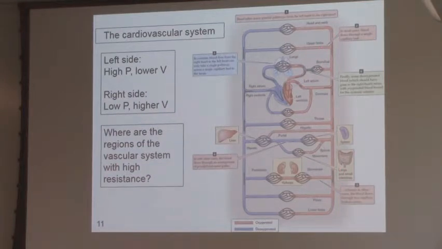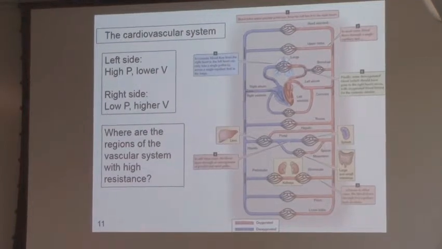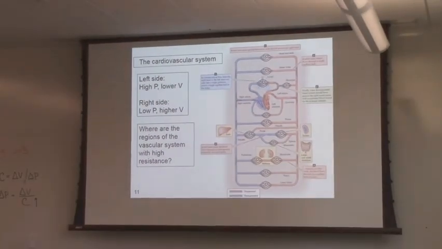Remember at the very beginning of this, I said about 25% of the blood volume is on the left side, and about 75% of the blood volume is on the right side at any moment in time. So we talk about the left side as having high pressure. This is left, and this is right. High pressure, low volume on the left. Low pressure, high volume on the right.